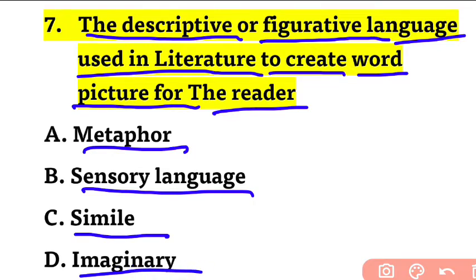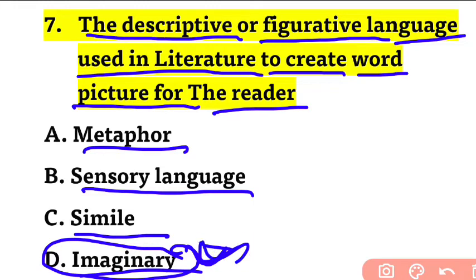What will be the answer? The answer will be imaginary. The descriptive or figurative language used in literature to create a word picture for the reader is imaginary.